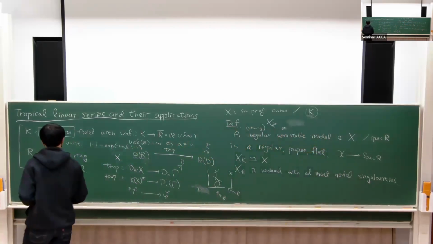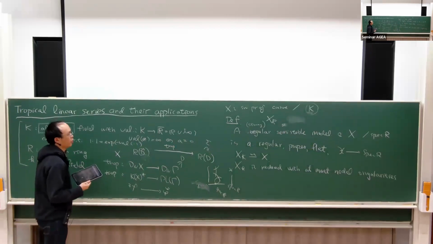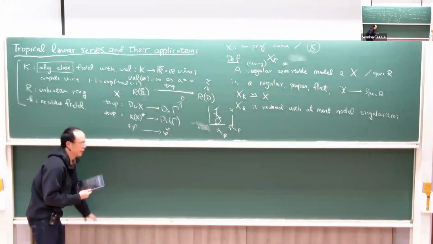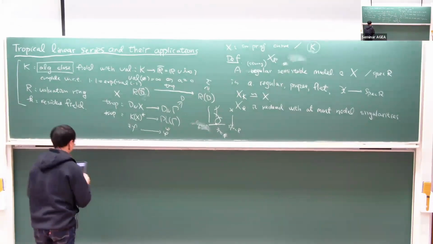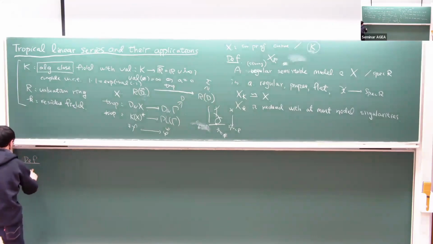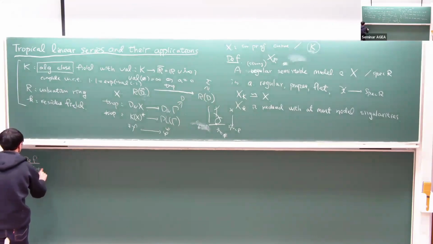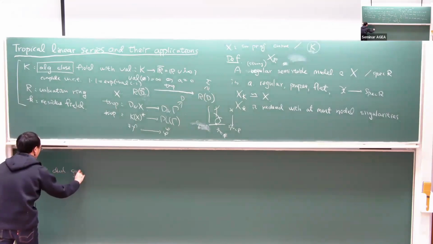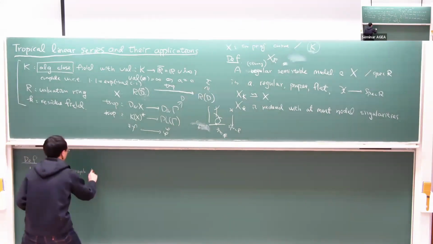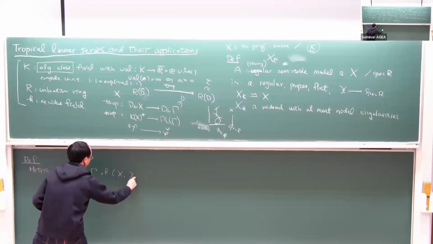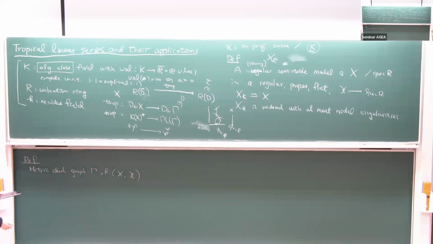So if we fix such a regular semi-stable model, then we can attach a metric graph in the following way. This is called the metric dual graph gamma of the pair X and the semi-stable model. It is defined in the following way.